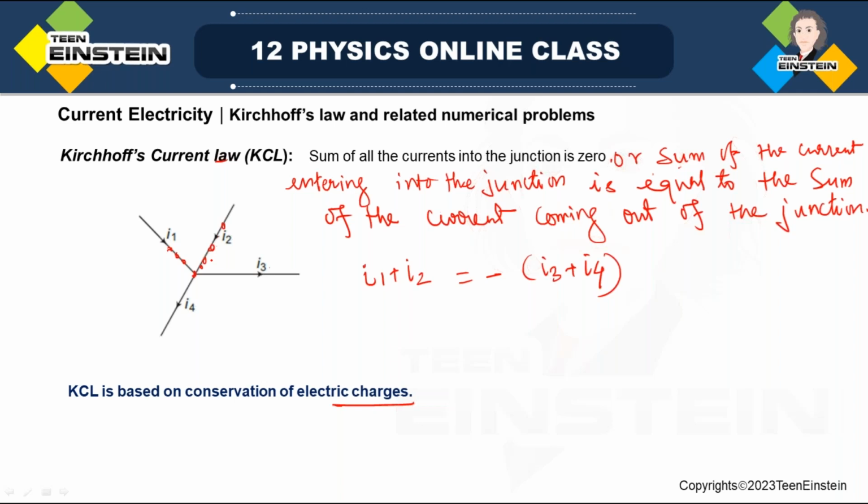Charge cannot accumulate at any point in the circuit. That's how you get the current in the circuit. If charges were getting accumulated at any junction, you would get a gradually decaying current.